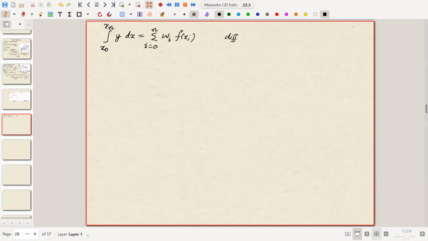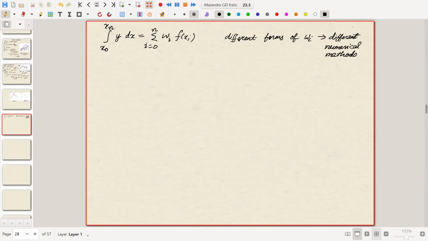Different wi gives different numerical methods for integration.